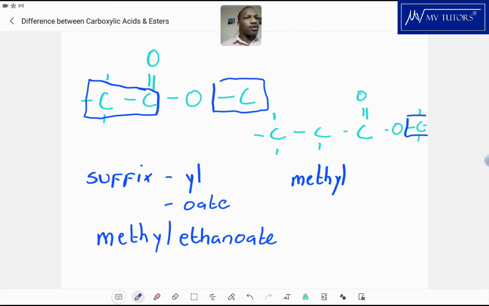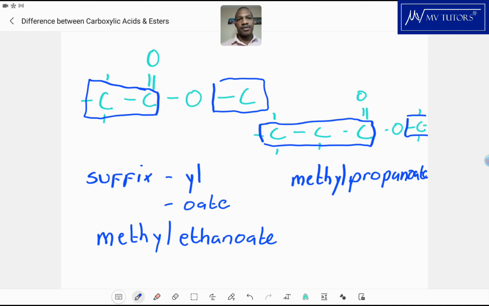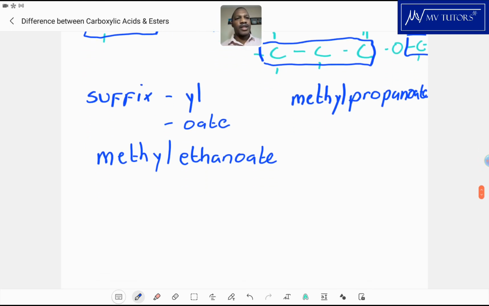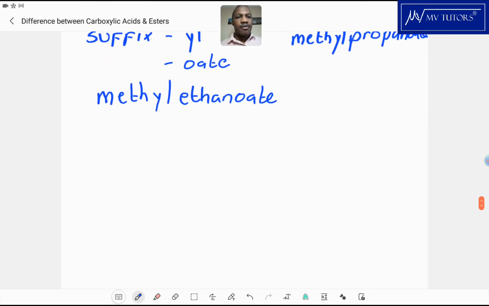And then you go take a look at the double bonded O. It's got 3 C's. So that makes it a propane. And then you put the suffix oate. So that makes it a methyl propanoate. Okay. Now that's the naming of it.